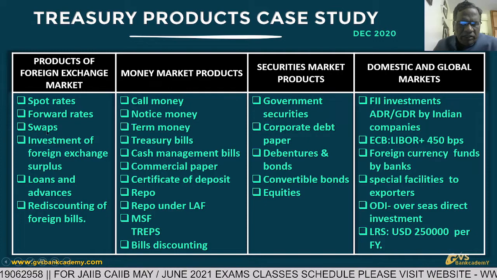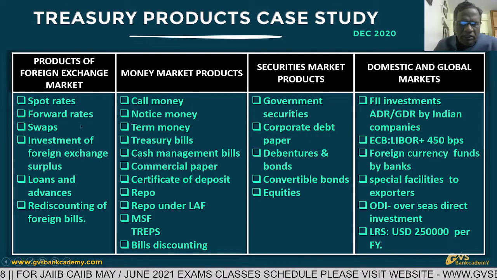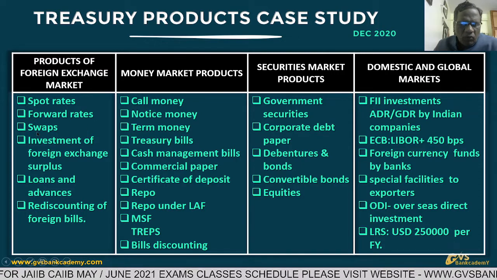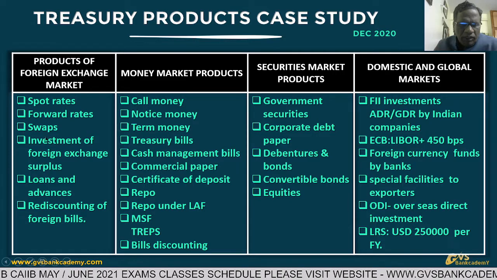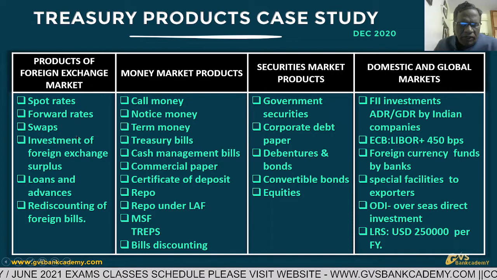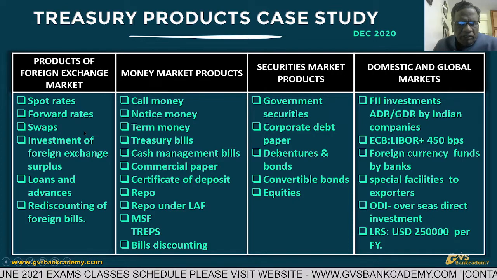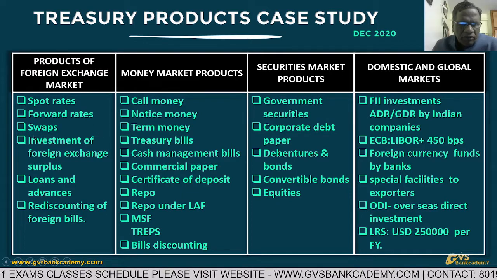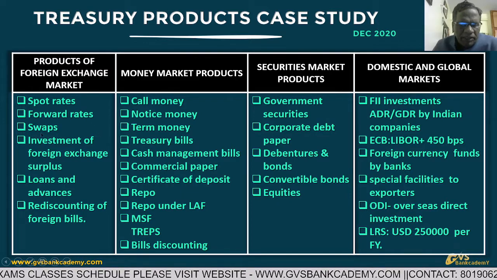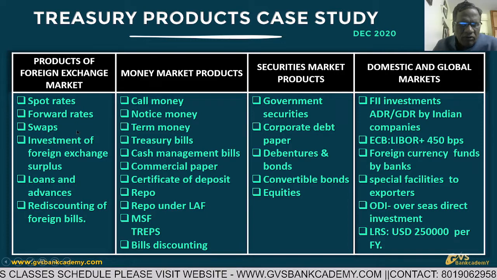It is just like a barter system: exchange of one currency against another, or exchange of one rate from fixed to floating or floating to floating, for example 91 day treasury bill to 182 day treasury bill, or 182 day treasury bill to 364 day bill. So swap means exchange of one for one.